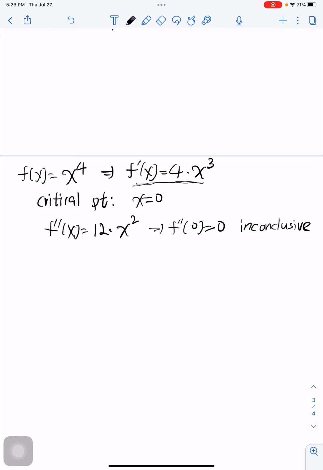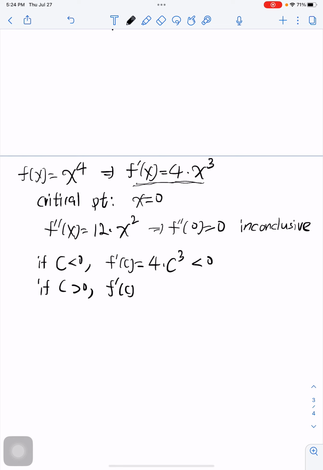So first of all, if x is less than 0, I'll use another notation. Let's use c. If c is less than 0, then f prime of c is equal to 4 times c cubed. Now c is a negative value. As a result, this one is less than 0, right? If c is greater than 0, then f prime of c equals 4 times c cubed, which is greater than 0.